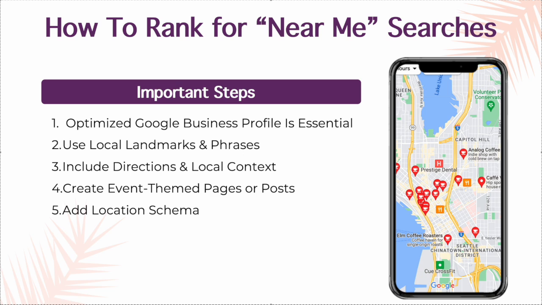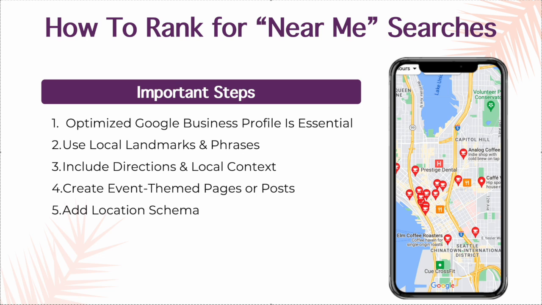With that, it's using local landmarks and phrases: fast ice cream in International District, near Lumen Field, near the park, right? Things that people might be searching other than just Seattle or near me. It's really important to have those in and throughout your profile, including directions.